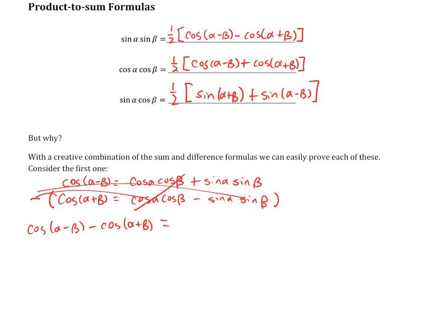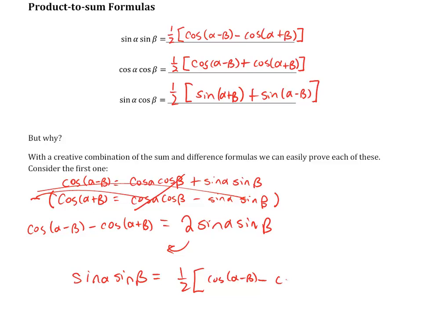If you take sine alpha sine beta minus a minus, you actually get 2 sine alpha sine beta. Moving the 2 to the other side, you end up with sine of alpha sine of beta is 1/2 of cosine of alpha minus beta minus cosine of alpha plus beta, which is exactly what one of our formulas looks like.